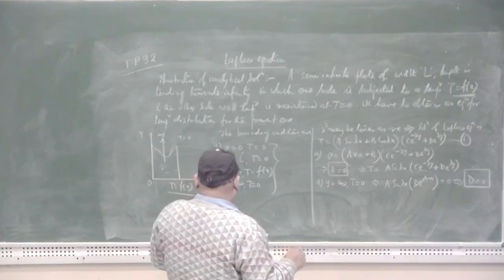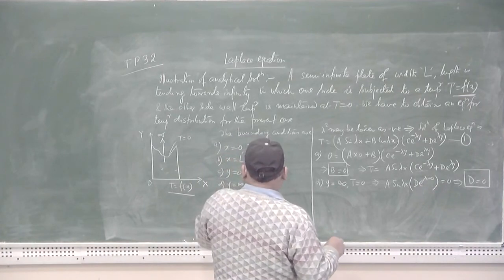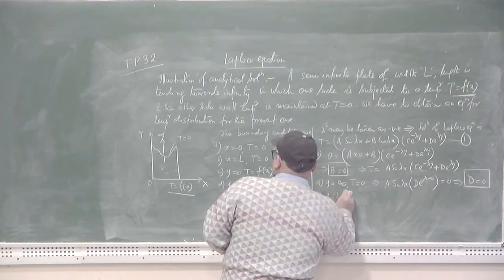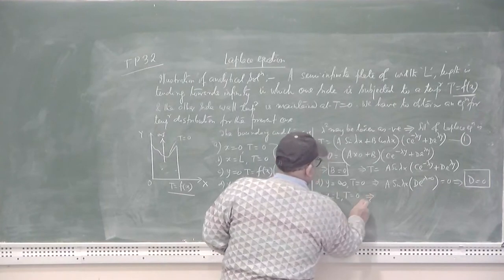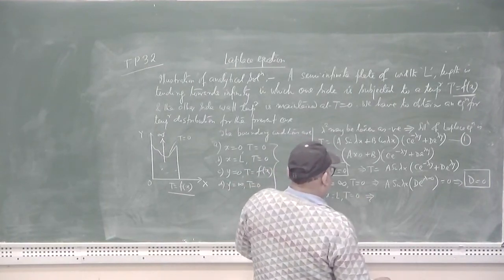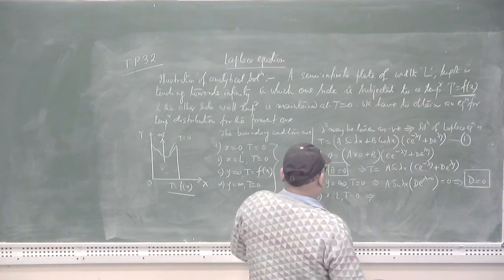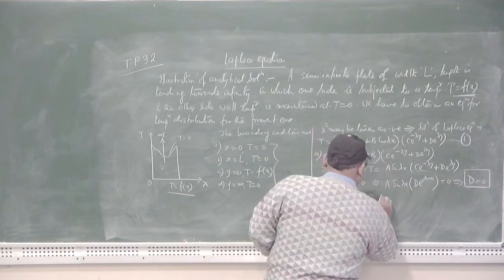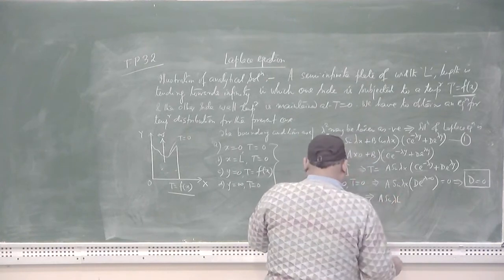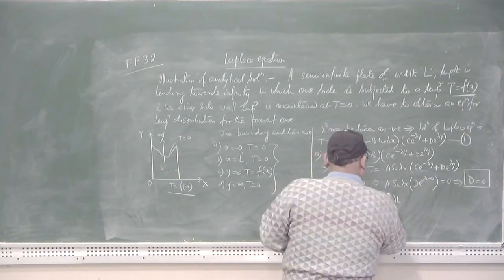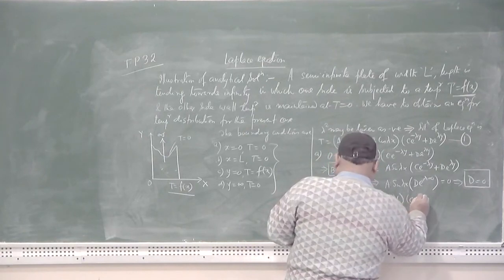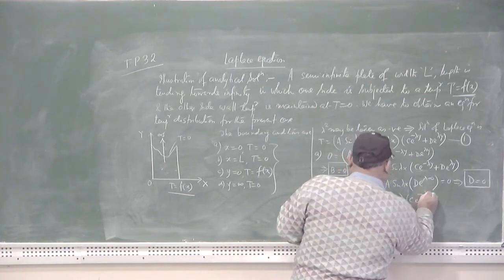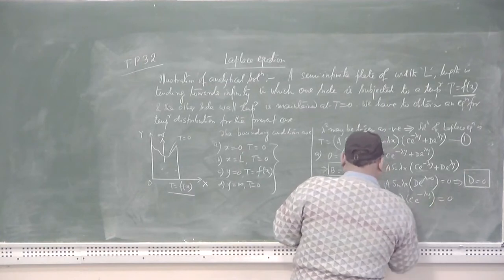Now, taking the second boundary condition B, that is at x equal to L, T is equal to 0, it means A sin lambda L into C e raised to the power minus lambda y equal to 0.